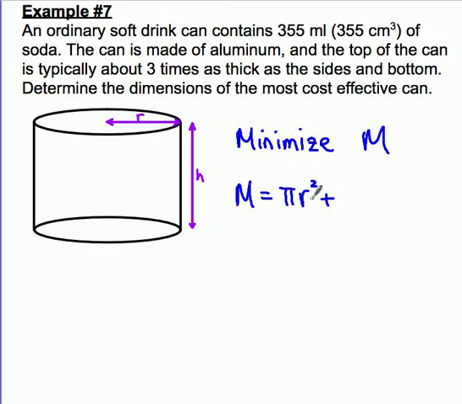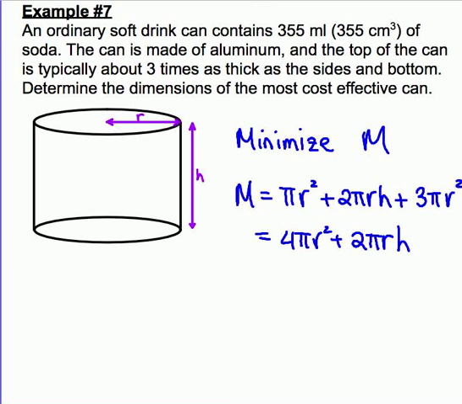We've got the lateral area of the side of the can, and that is 2 pi r h. Then we've got the area of the top of the can, which is pi r squared, but we can think of this as being 3 of those pi r squareds because it's 3 times as thick. So we think of 3 layers the same as the bottom. So that's a 3 pi r squared.